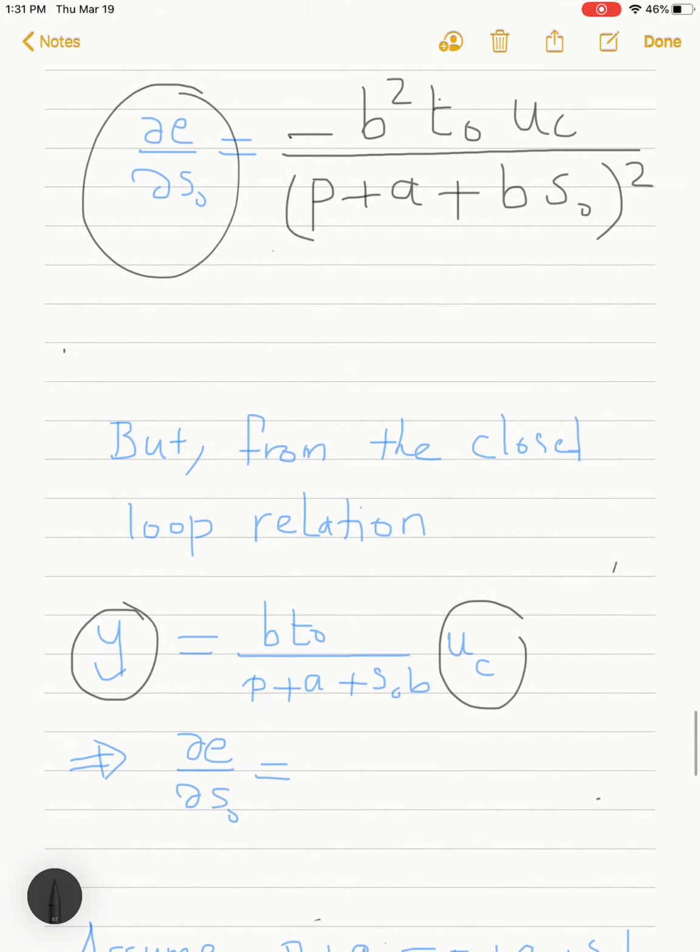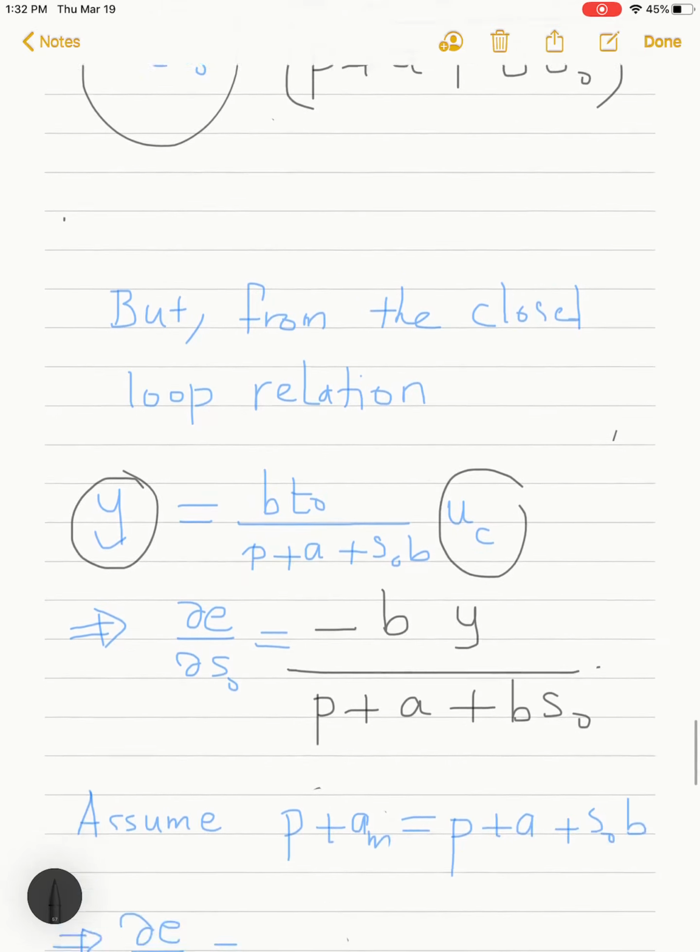So I can write this equation as -b times y divided by (p + a + b s0). So this is the equation for the sensitivity derivative for s0.